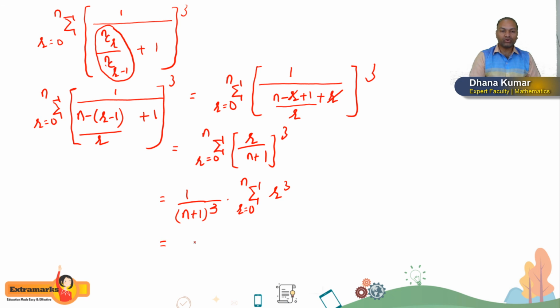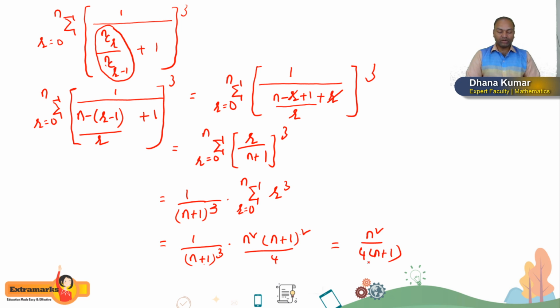That formula will be what? 1 by n plus 1 whole cube. Formula is n square into n plus 1 whole square by 4. So here in simplification, n plus 1 whole square and here n plus 1 whole cube, 2 times cancel. Then the remaining value will be what? n square by 4 times n plus 1.